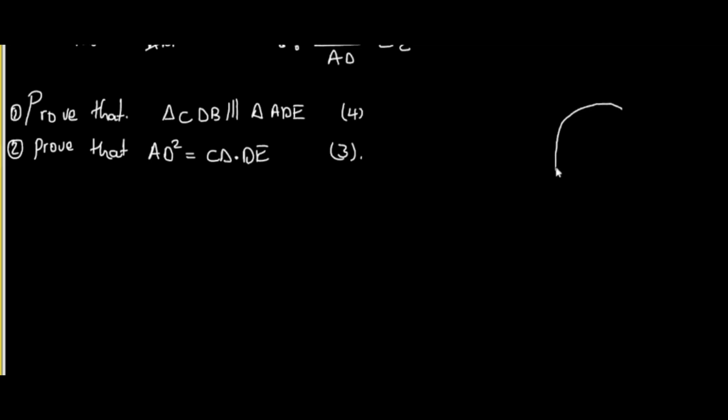Let's bring down the diagram. See, guys, this is CB. Then we have E here. Draw a line from this, then we're gonna have this here.